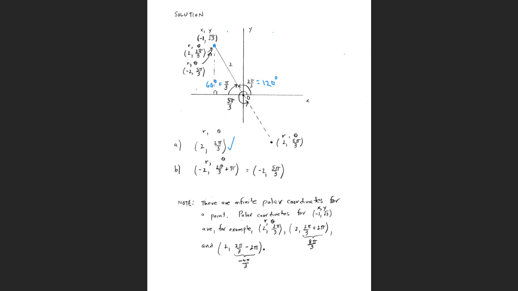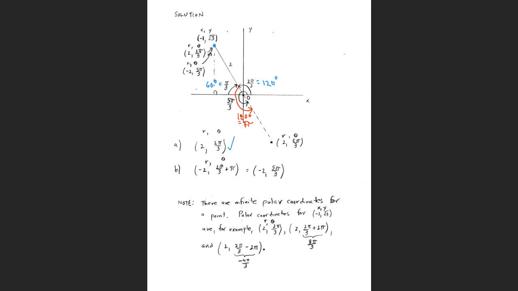But if you wanted a negative radius, you could go from 2 pi over 3 and move out another 180 degrees, which equals pi, sorry.